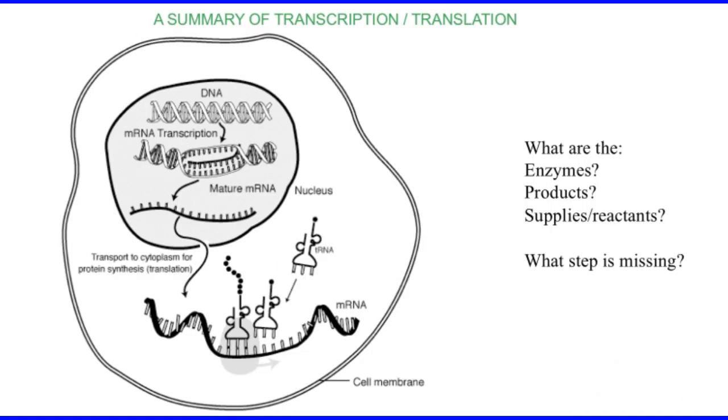So to recap from beginning to end, remember we have the DNA that's in our nucleus. The first part that occurs inside the nucleus is known as transcription. Transcription begins with RNA polymerase recognizing a promoter sequence, which is known as the TATA box.